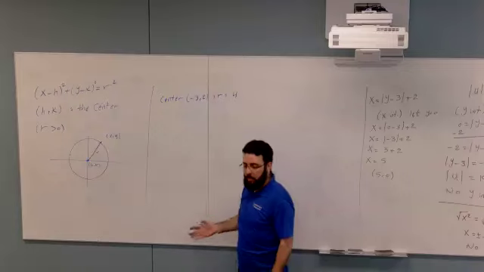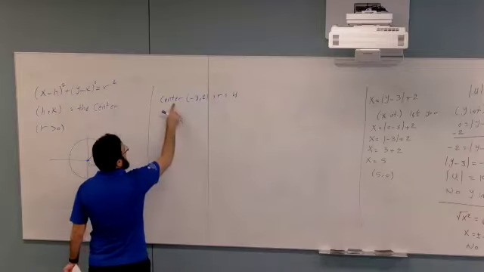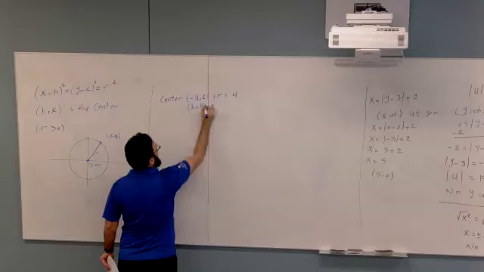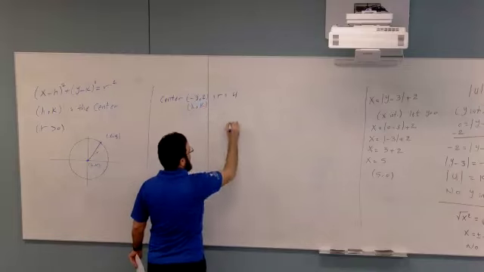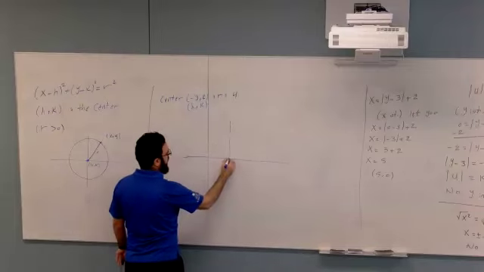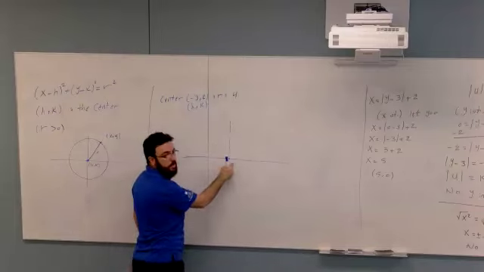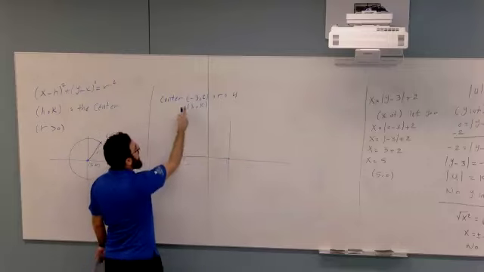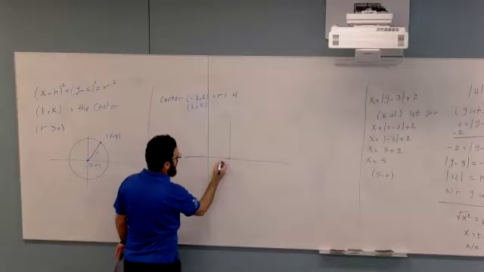Now that's a good example of how to graph the circle. The center is h and k. The center is -3 and 2.